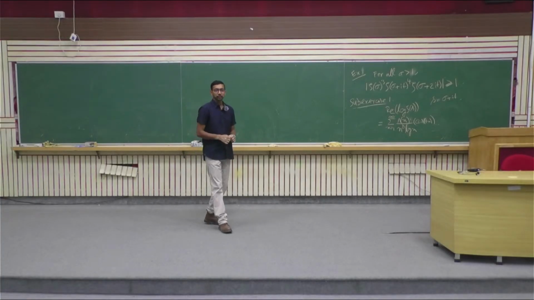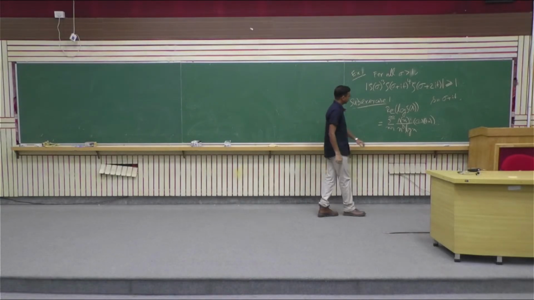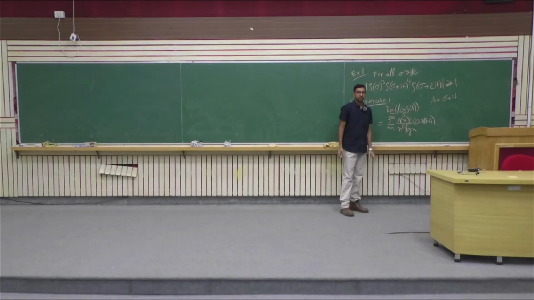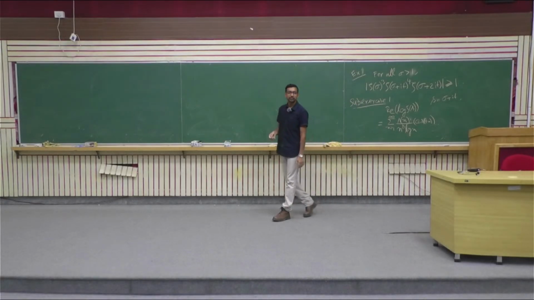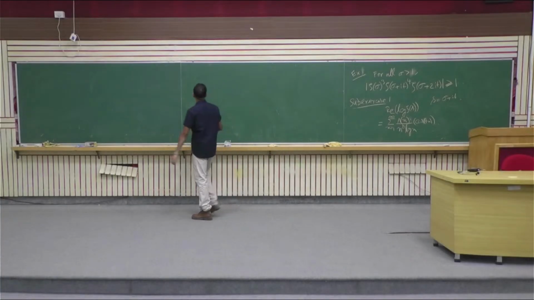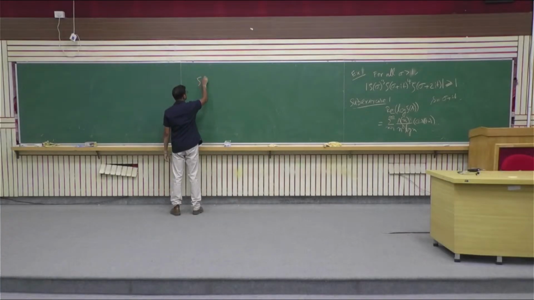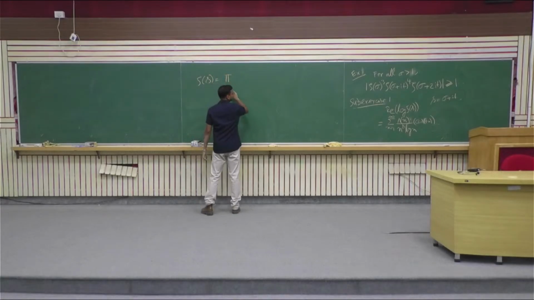So how far are you? Did you already get some series for log zeta s? We used log zeta s also earlier, right, for showing that the summation of 1 by p diverges. There, we started with the Euler decomposition of this.